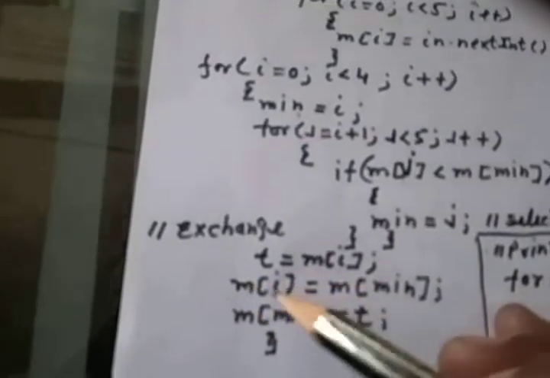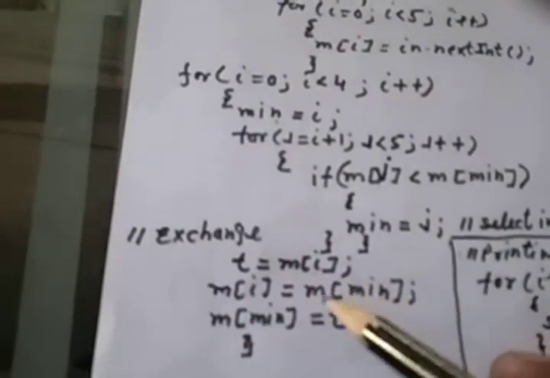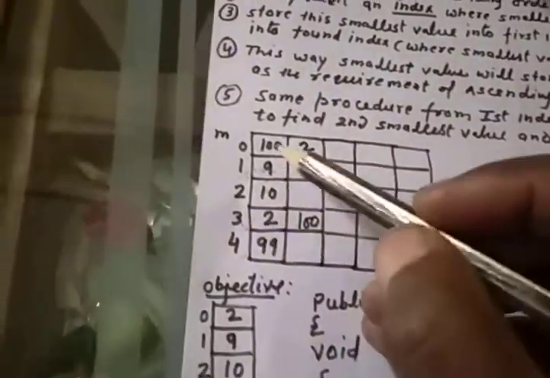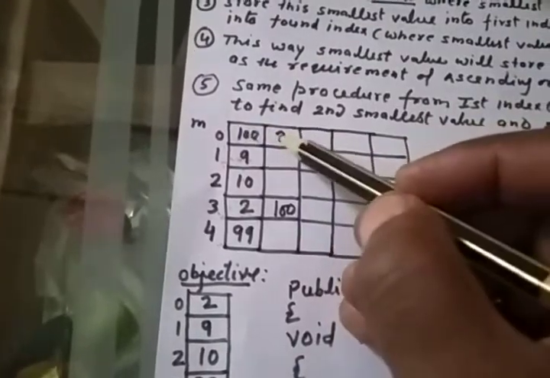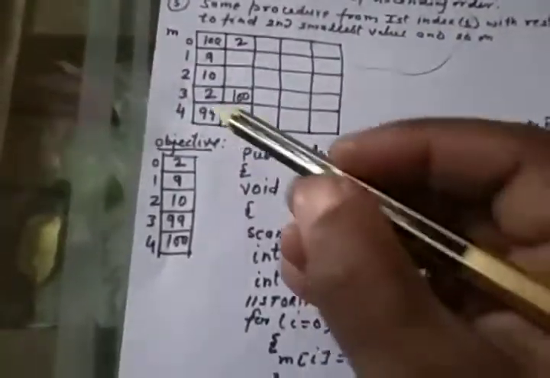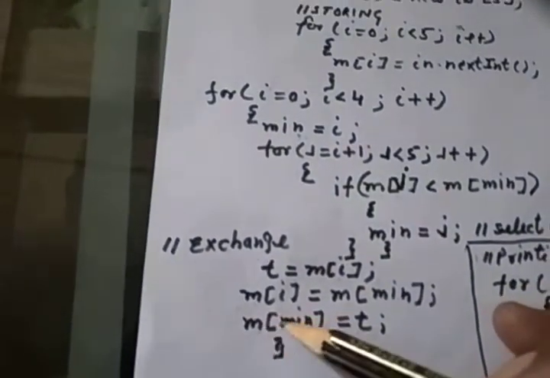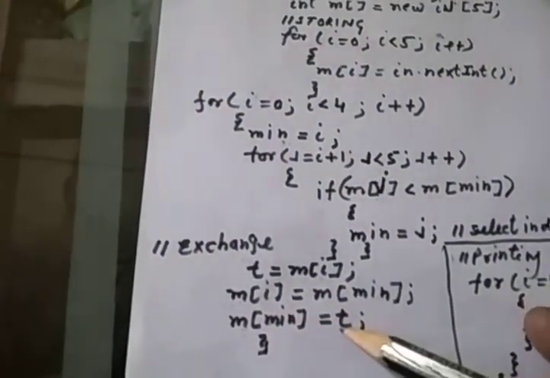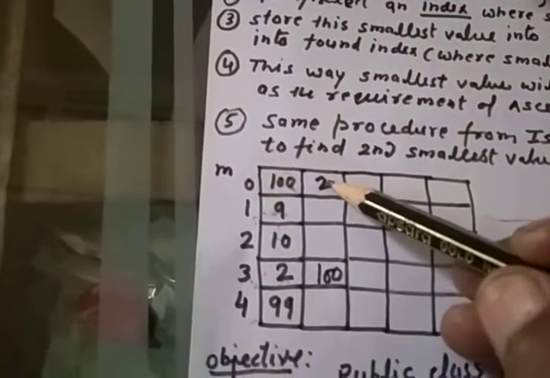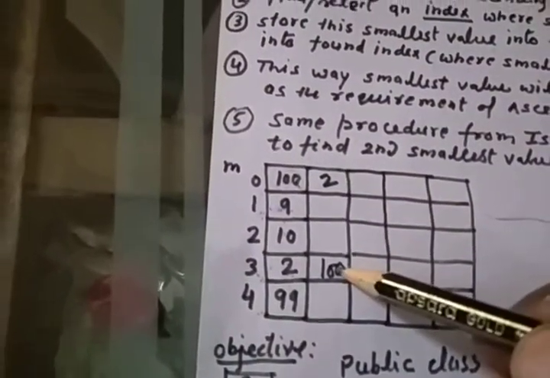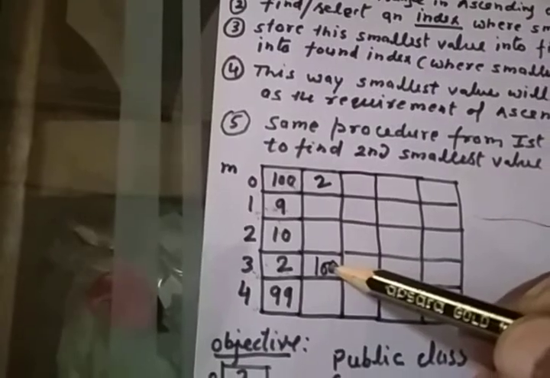Then in m[0], m[min] is m[3], which is 2, so 2 will be stored here. At the third location, m[min], the t, meaning 100, will be stored. So after the first pass, our array will be like this: 2 here and 100 here. Okay, clear? Is this clear to everyone?